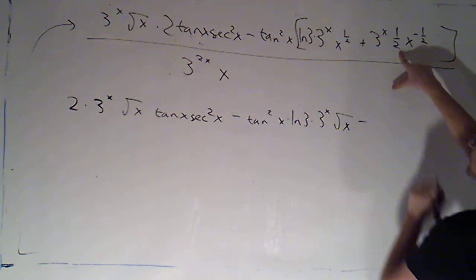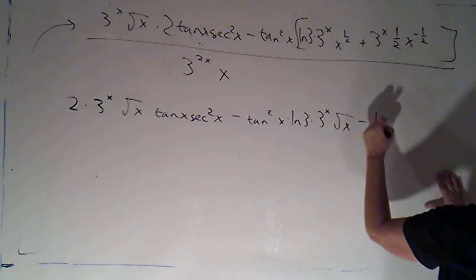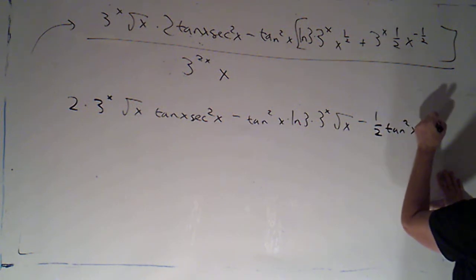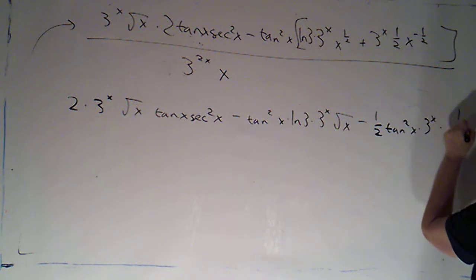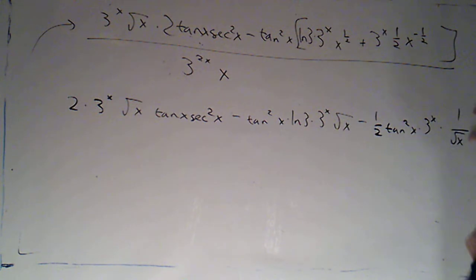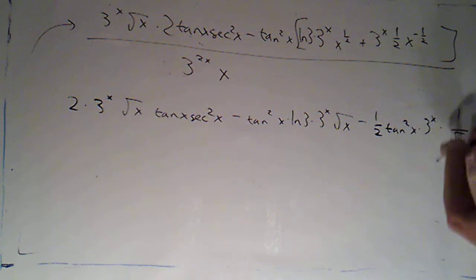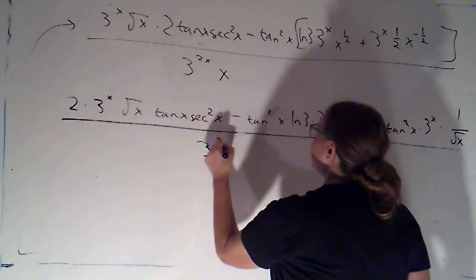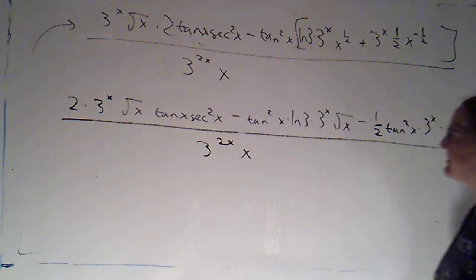I am going to bump that constant of 1/2 to the front. So minus 1/2 tan squared x times 3 to the x times 1 over root x. That's what that x to the negative 1/2 is. And that's why we don't like negative exponents inside of fractions, because it really is a fraction within a fraction. All over 3 to the 2x times x.